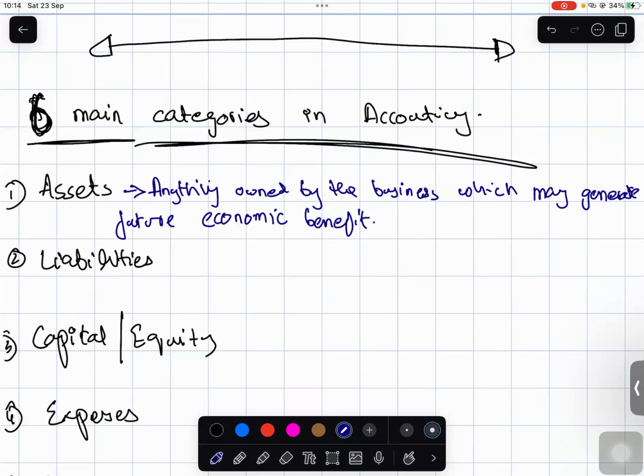For example, if the company owns a building, they can give it out on rent and they can receive rent. So as the building will generate rent, which is an economic benefit, that will be called an asset.